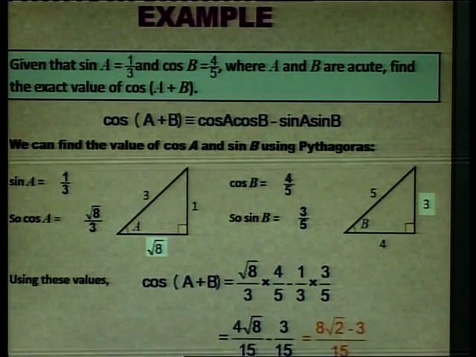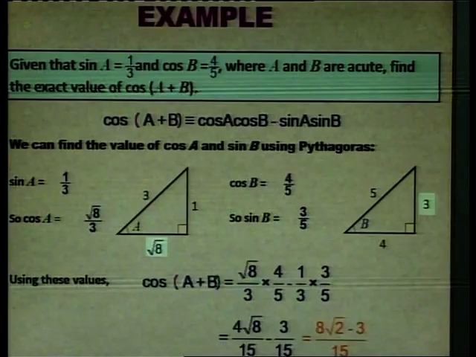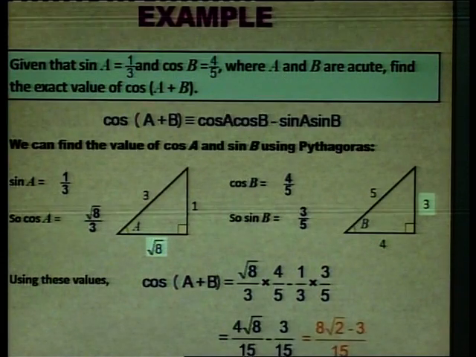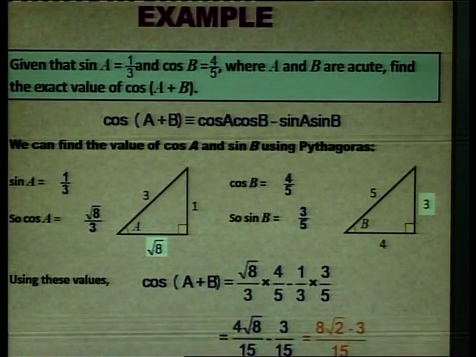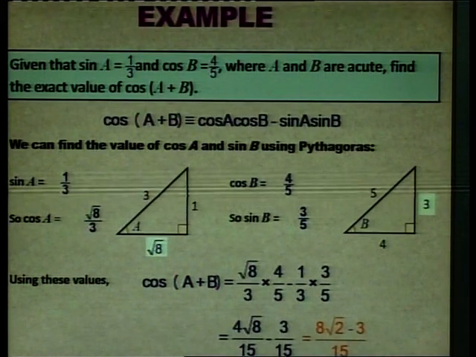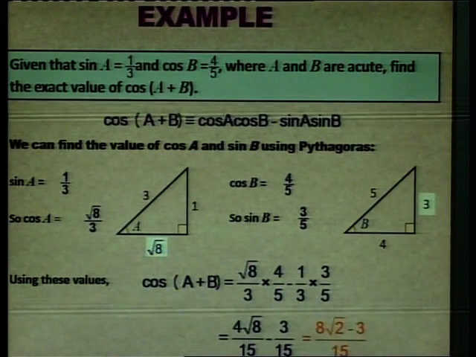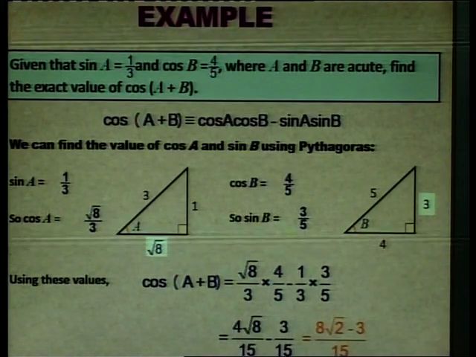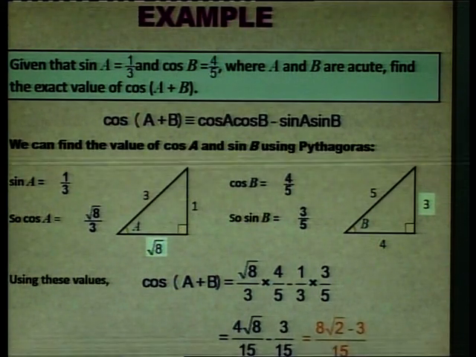Now, let us take one more example. Given that sin A is 1/3 and cos B is 4/5.